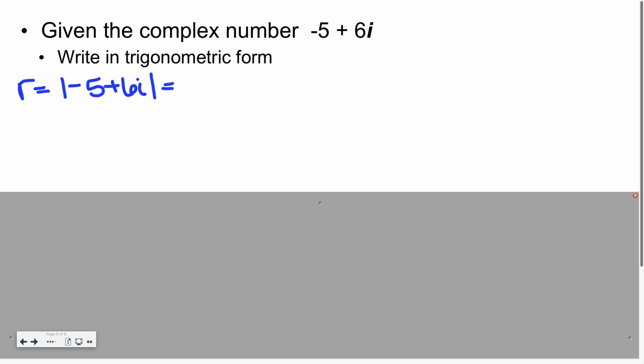When we find the absolute value, we need to take a squared plus b squared under that square root. What is it? Square root of 61? Yes.